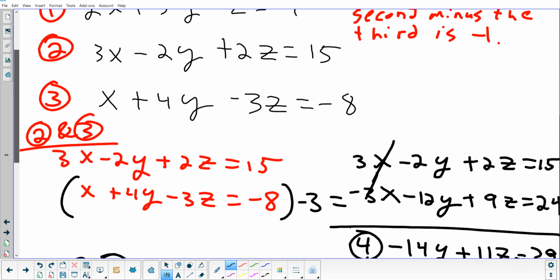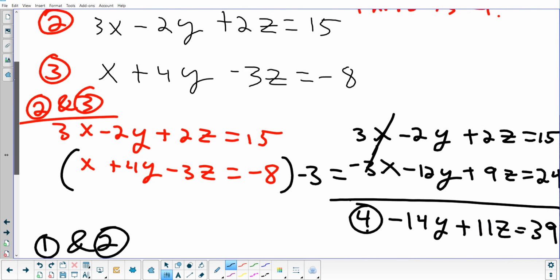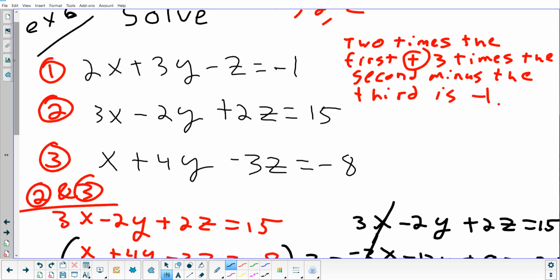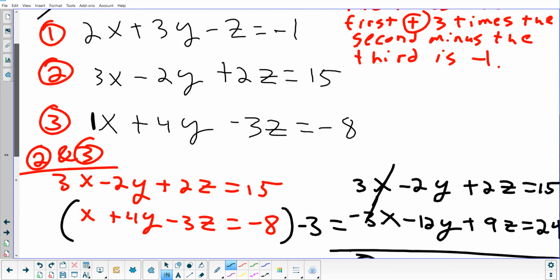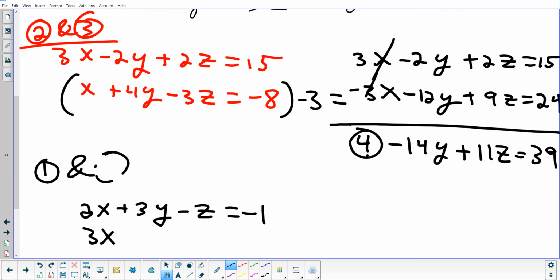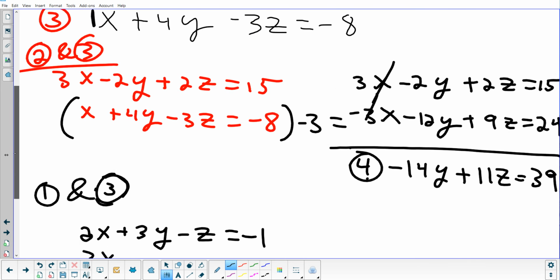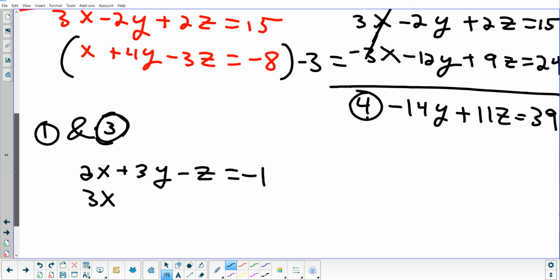You said 1 and 3, right, Chris? I said 1 and 2. The problem to get rid of x there, it's going to be a mess. We're going to have, let's do 1 and 3 just because I like having a 1 right there. So let's do 1 and 3. So 1 is fine.